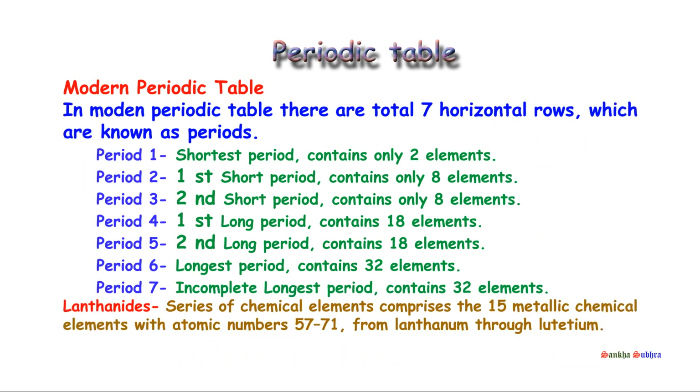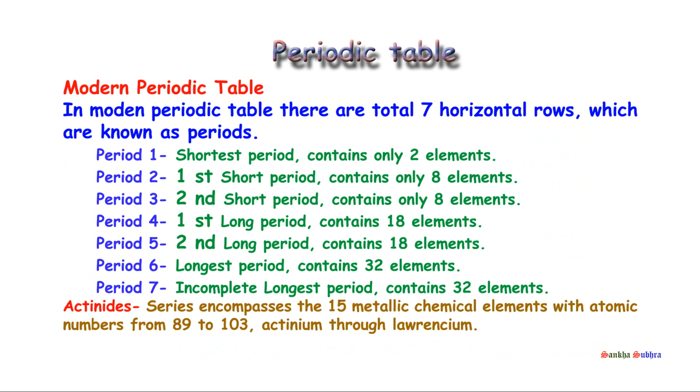The subperiod of period 6 is known as the lanthanides. The lanthanides are a series of 15 elements of atomic numbers 57 to 71, starting from lanthanum through lutetium.